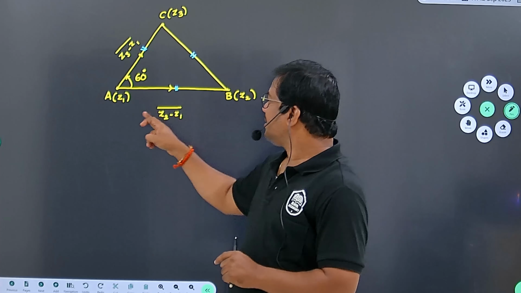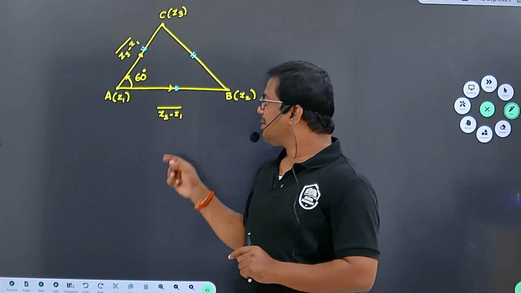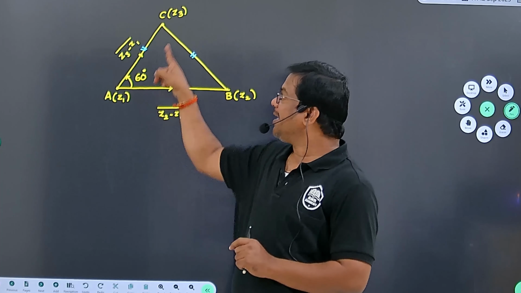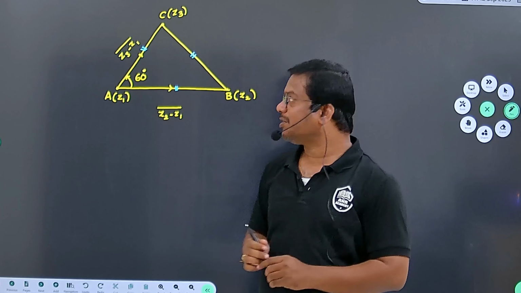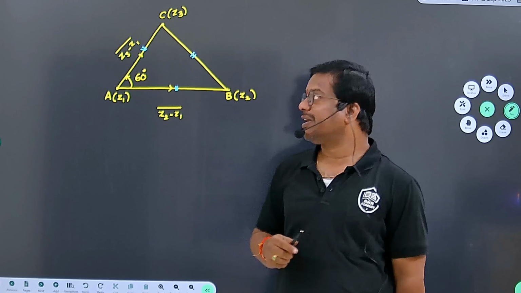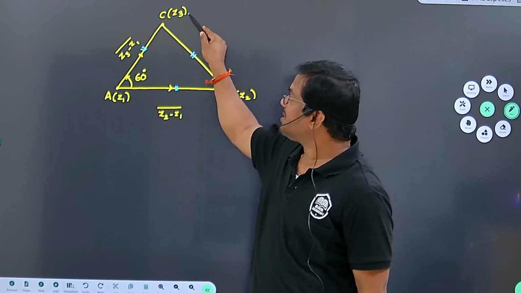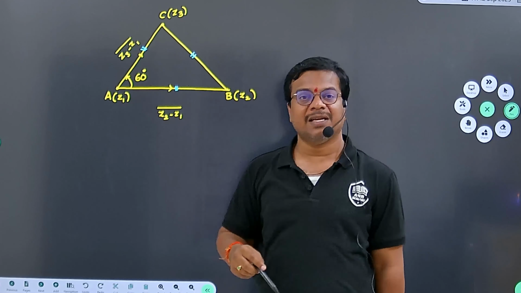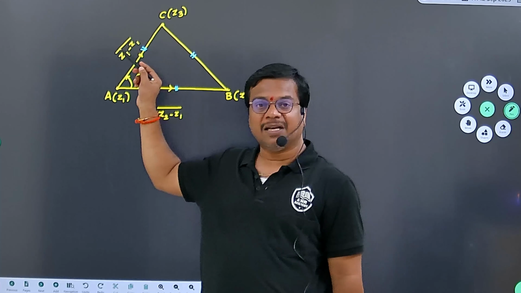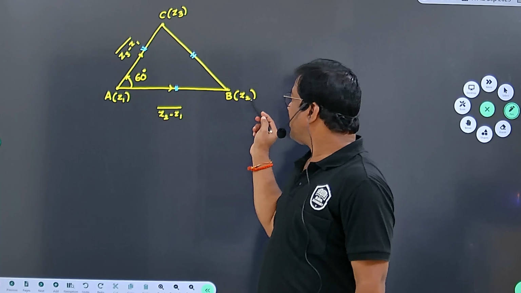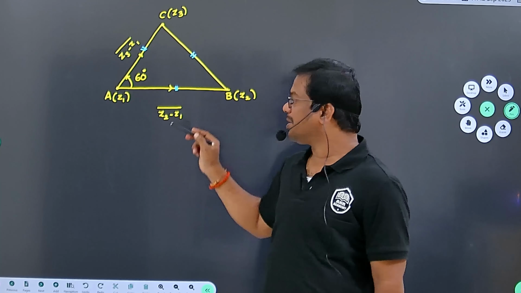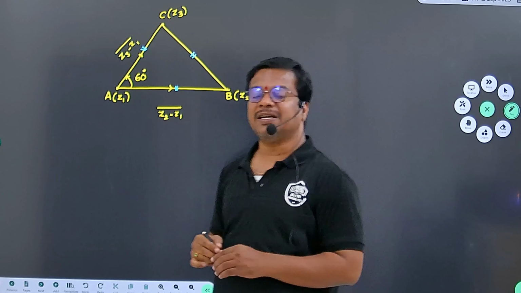Suppose that AB is a vector denoted by the Z2 minus Z1 vector, and AC is another vector denoted by the Z3 minus Z1 vector. Final point Z3, initial point Z1, so it is denoted by Z3 minus Z1 vector. And here final point Z2, initial point Z1, so it is denoted by Z2 minus Z1 vector.